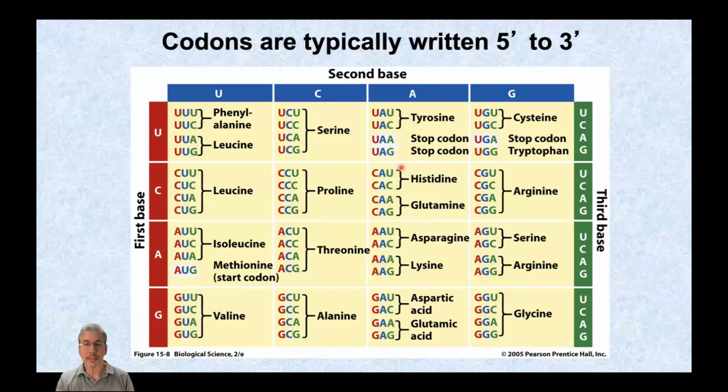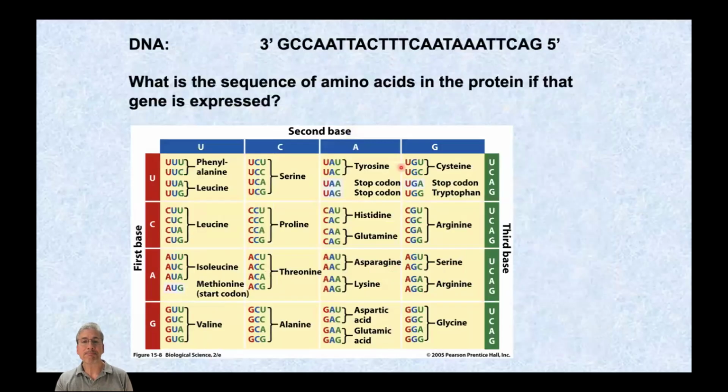Again, you have to keep your directionality in mind. How does this work? Let's look at an example. I give you a sequence of DNA bases up there. Recall DNA would be double-stranded, so I'm just keeping it simple and giving you the single strand that's used to create a protein.